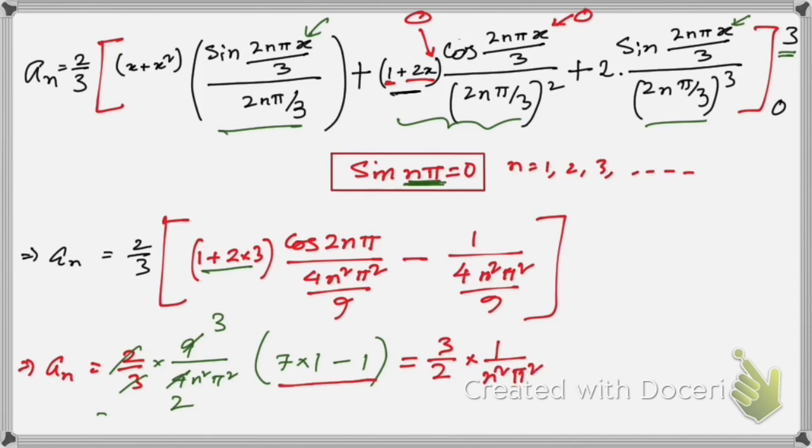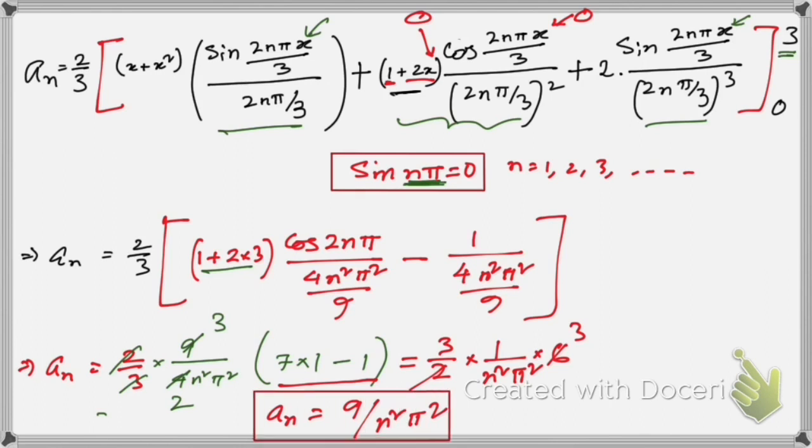So 7 minus 1, that's going to be 6. So if you cancel this, then it's going to be 3. So the final value of an will be equal to 9 by n square pi square. So this is the value of an, right?